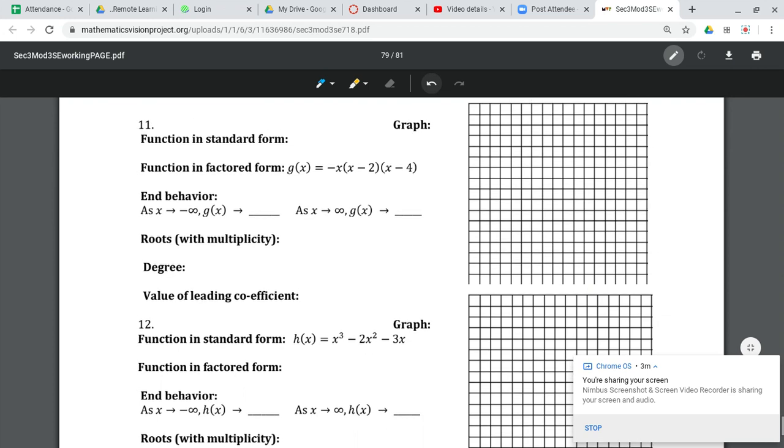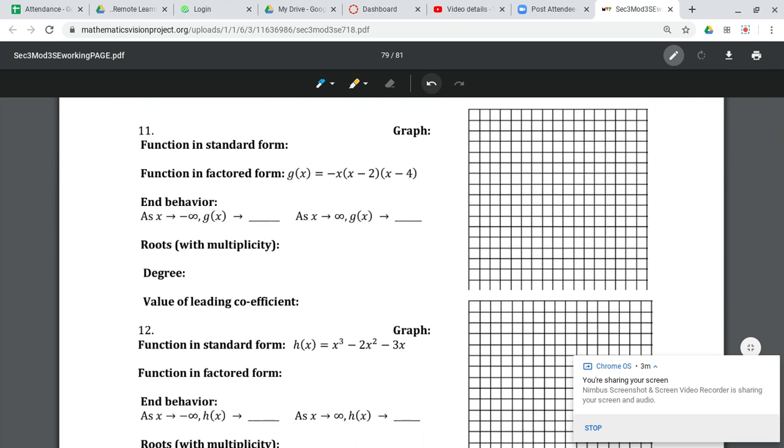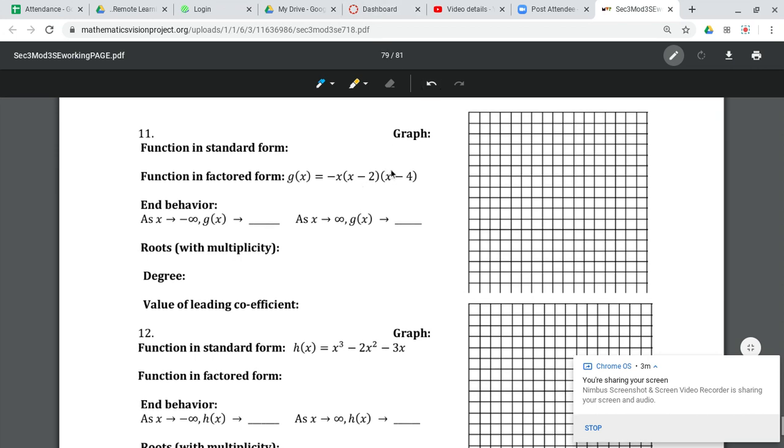All right. For 11, you're going to have to multiply through to figure out what your degree is. You're going to have to FOIL these two and then multiply everything by a negative x. Then you'll graph it out. Figure out your end behavior and its roots. The roots are pretty easy just looking at it.